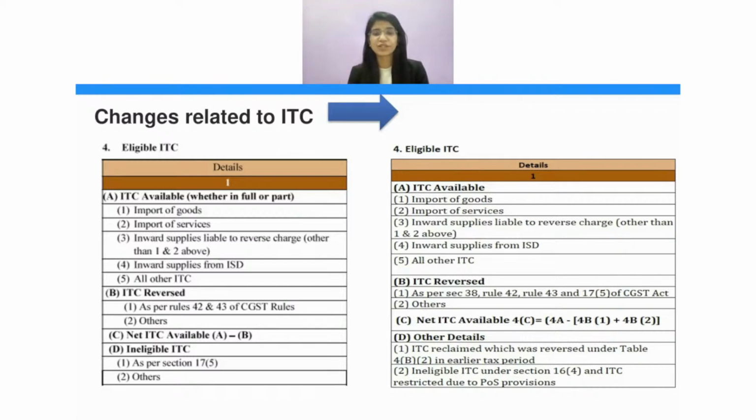Now, don't you think that equation will actually fail? When I look into my 2B ITC available, I have removed the reverse charge transactions, and I focused only on the invoices. What if I also adjust the credit note? I always do invoices plus debit note minus credit note as per the 2B.